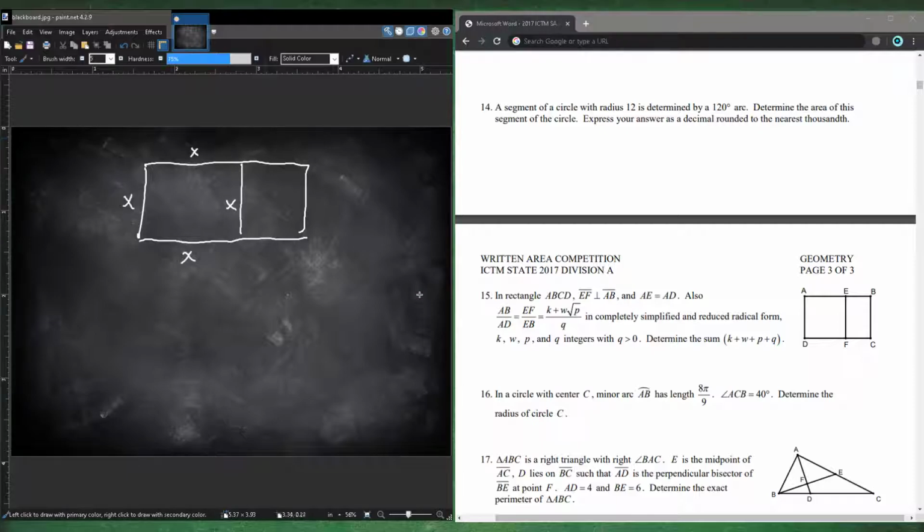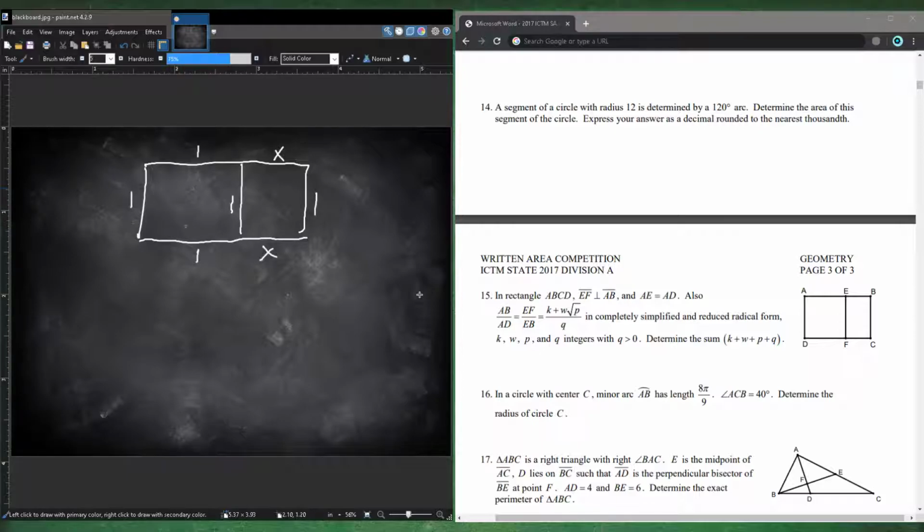So let's call this square 1 because it looks a little nicer. And then let's call that x. It just makes our calculations a little bit easier, but it's the same thing because we can scale 1 up, so it doesn't really matter either way.